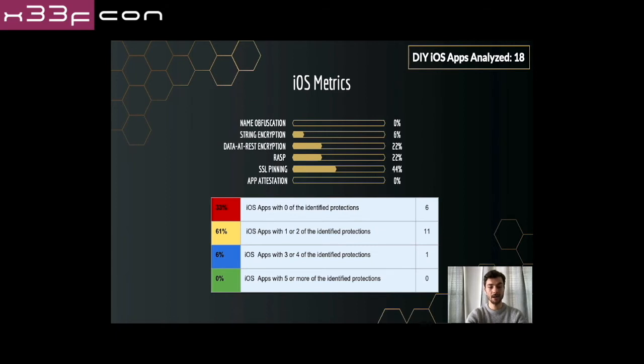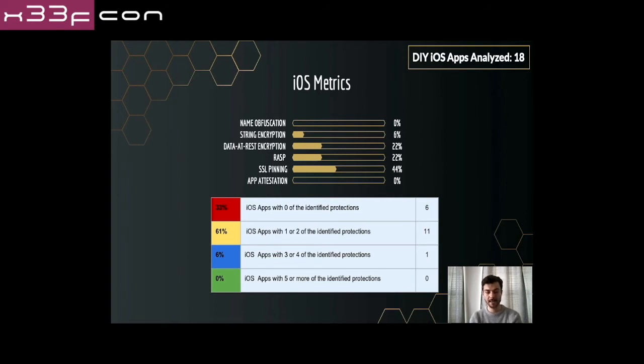And now, once again, you can see that we have provided the same chart that we did for Android in order to display the number of applications and the percentage of applications which adhered to a certain number of the controls that we were looking for. So in this case, we can see that 61% of the iOS applications that we looked at, so 11 of the 18, possessed 2 or fewer controls, and in general, 94% of these applications possessed 2 or less.